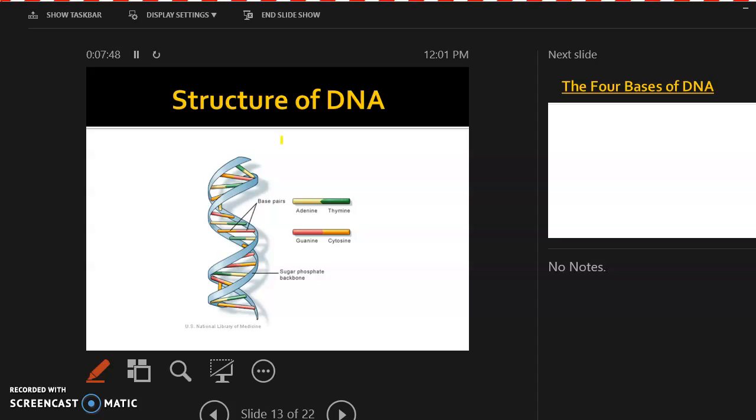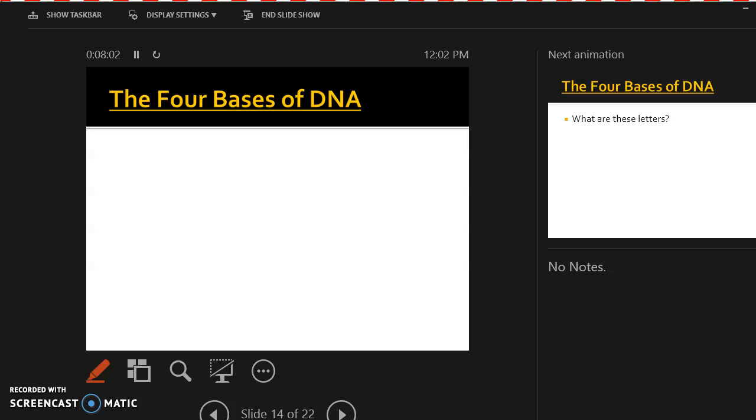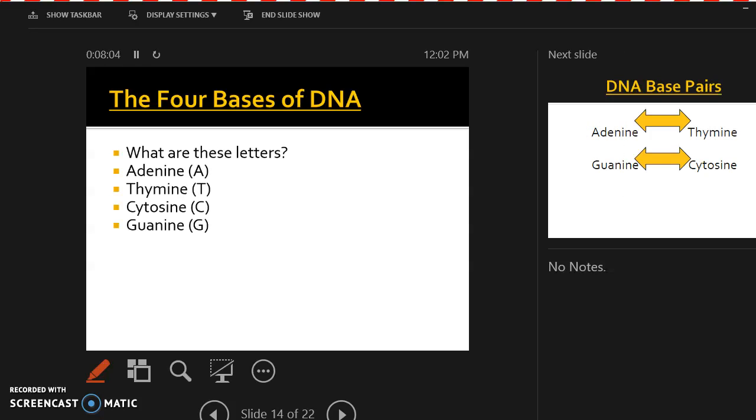Okay, so this is what the structure of DNA looks like. And you don't have to necessarily know the names. Okay, you just need to know A pairs with T and G always pairs with C. They don't ever break, okay? So we're going to talk about these 4 letters. But, like I said, you don't have to know the actual name.